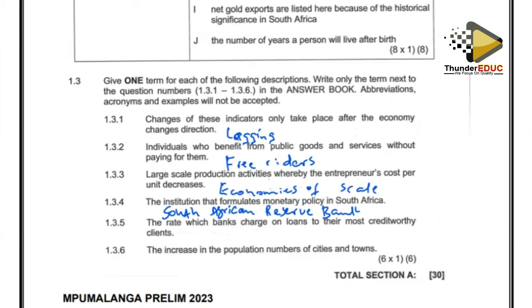So FNB, Standard Bank, Absa, Capitec, they charge the prime rate whenever individuals go to the bank to take out a loan. One might ask, how is a central bank able to charge commercial banks the repo rate?